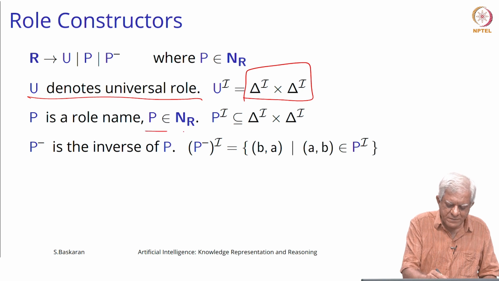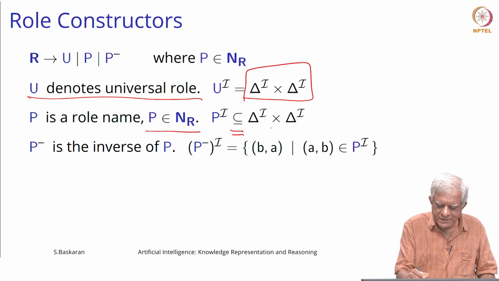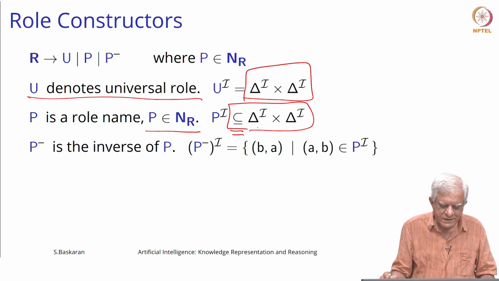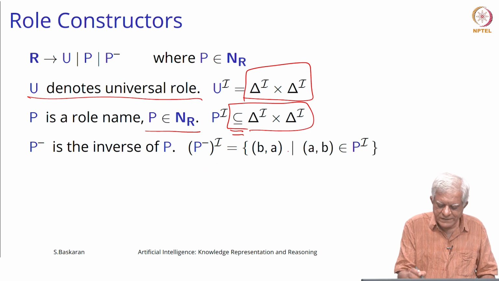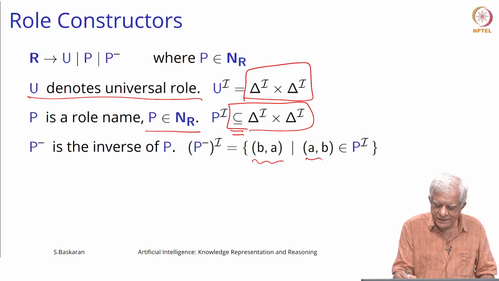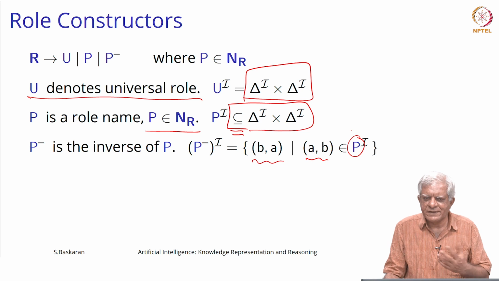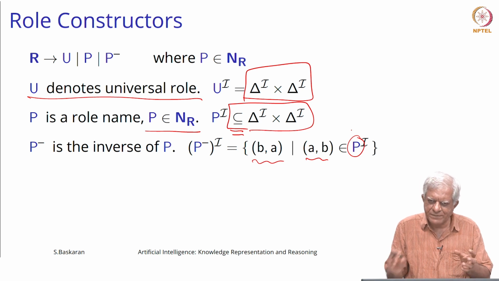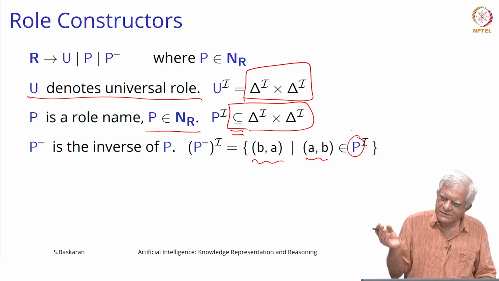P is a role name, named role, and it is a subset of the domain. P inverse is the inverse of P, which says it is a set of all those B A's such that A B belongs to P. Or it is simpler to say the parent child relationship essentially. For every parent who is related to a child, there is a child relation to parent.